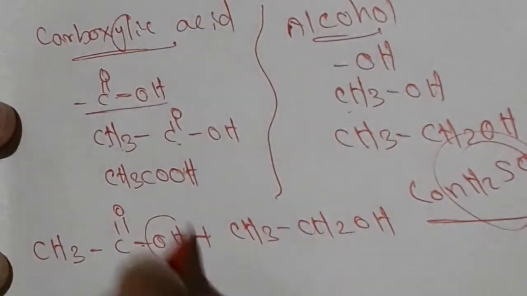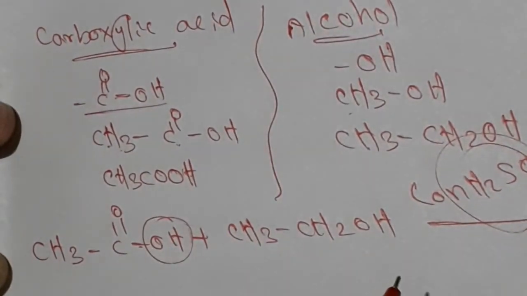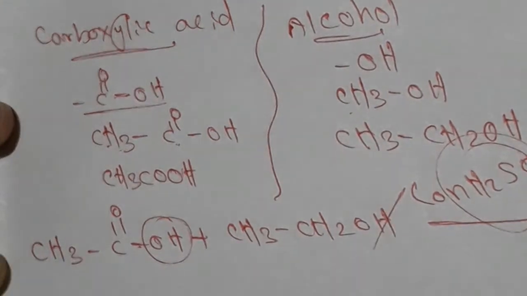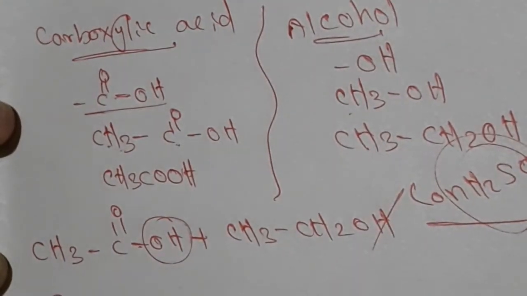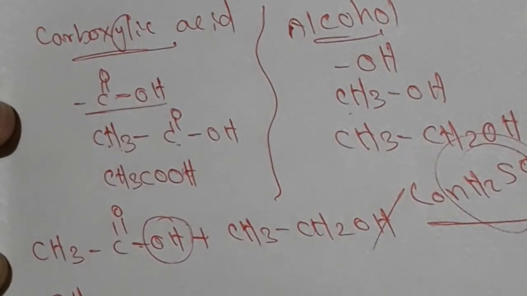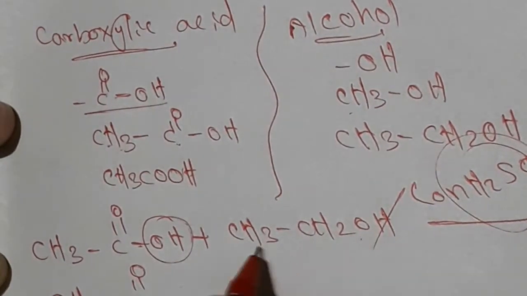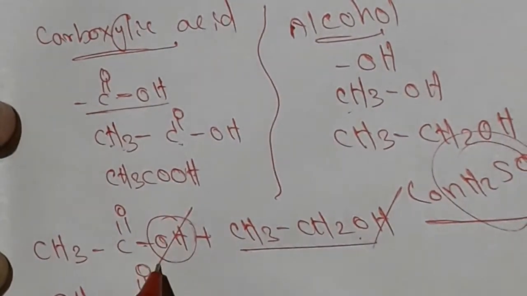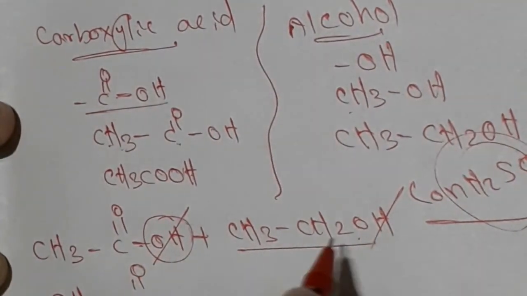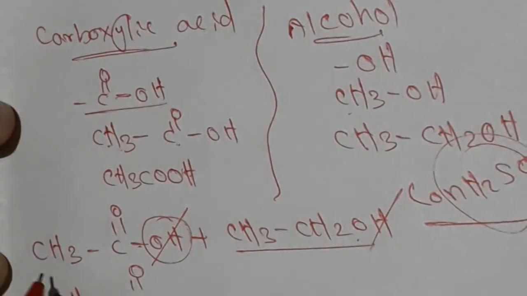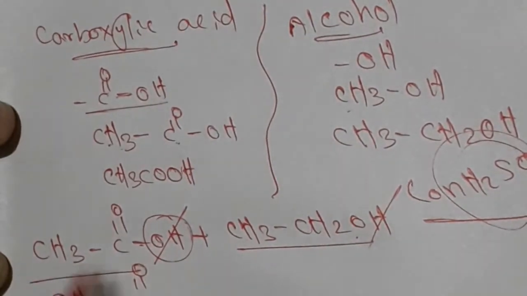So here this OH and from here this hydrogen will be removed. Rest of the part we can write like this, CH3C double bond oxygen. Then OH removed, hydrogen removed. So this part we completed already.